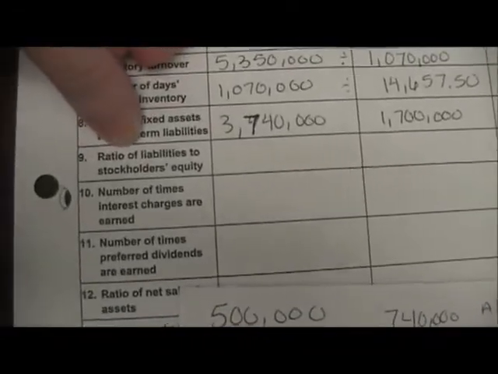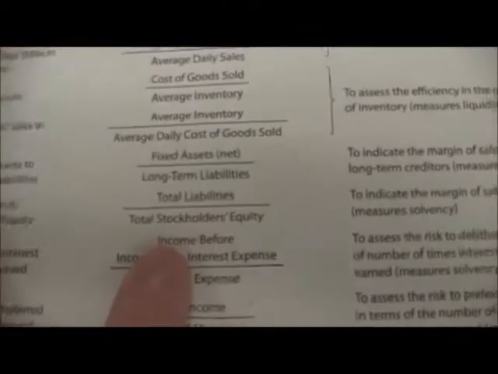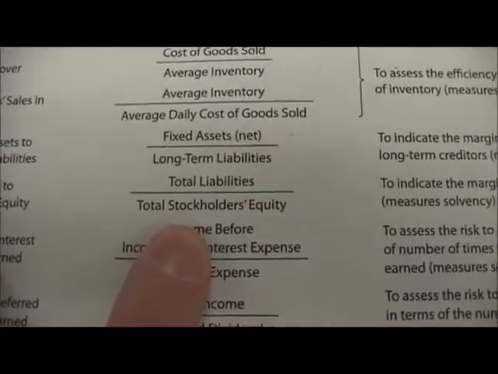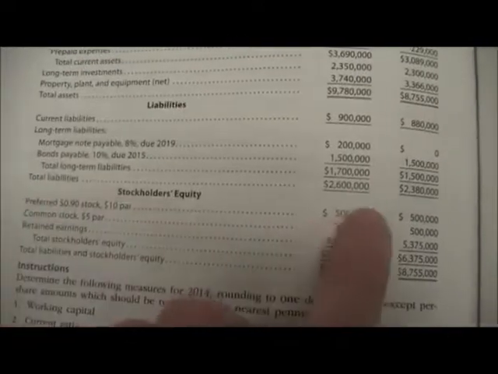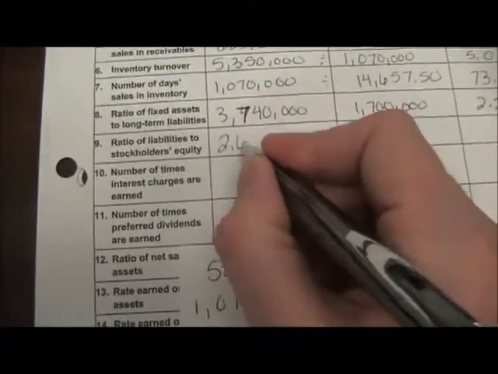Number 9 is the ratio of liabilities to stockholders' equity. So we look in our note sheet and it tells us that that is our total liabilities divided by our total stockholders' equity. So back to our balance sheet, and we find out that our total liabilities were $2,600,000. So that's going to be our numerator.